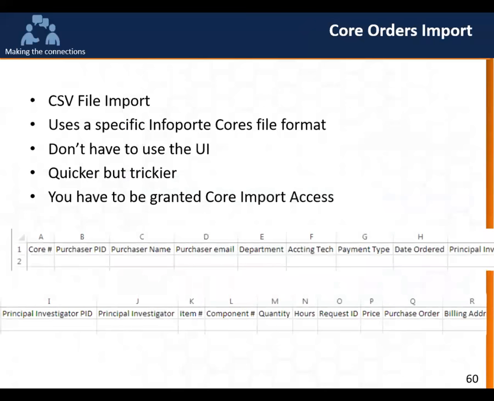And then imported orders, we were just talking about this. If you do a bunch of orders, we have a core that does charges for copies and sends a copy. It's not worth going through the whole order form to do this. So they have a file they prepare with all the orders in it. It's a CSV file, and I can work with you if you want to do this.